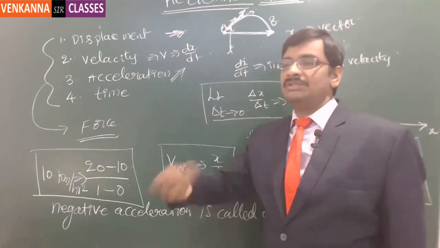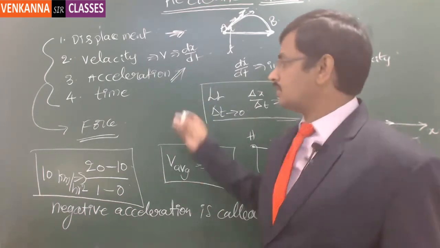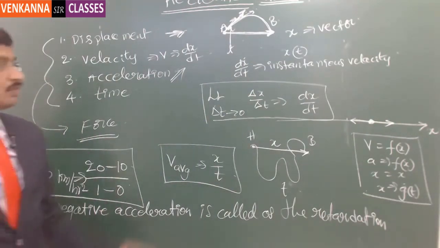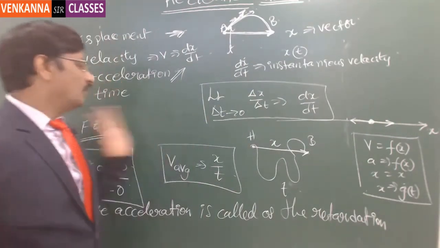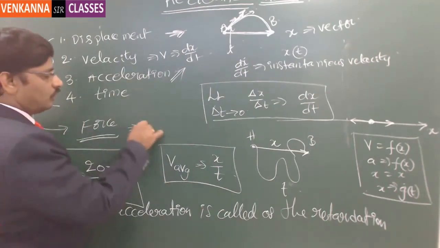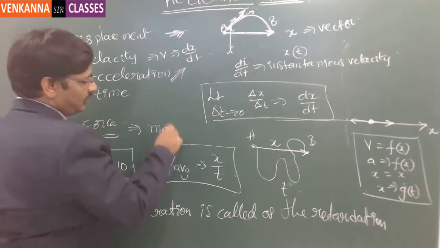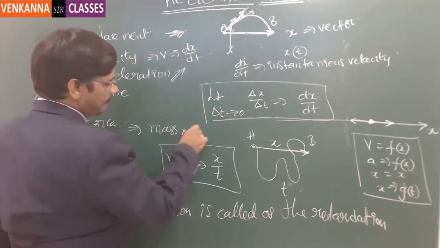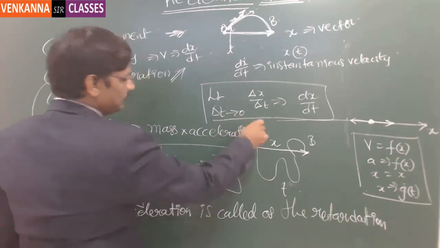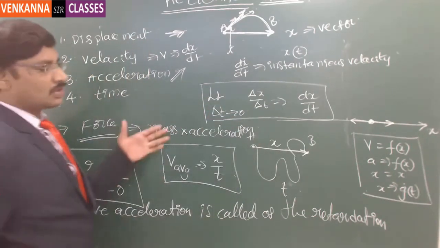So finally we stop at acceleration. We don't change the acceleration again because that will be much more complicated but of no use. Why we stop at acceleration is that we get this acceleration from the relation of the force. Force is nothing but mass into acceleration. So because of this reason, we stop at acceleration.